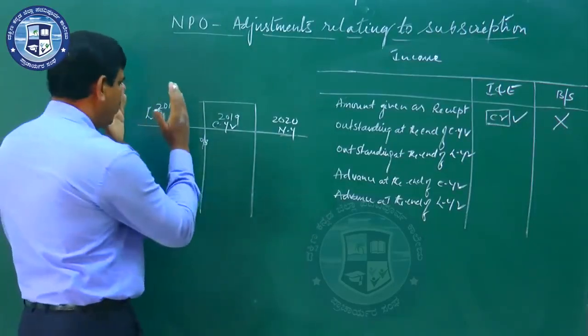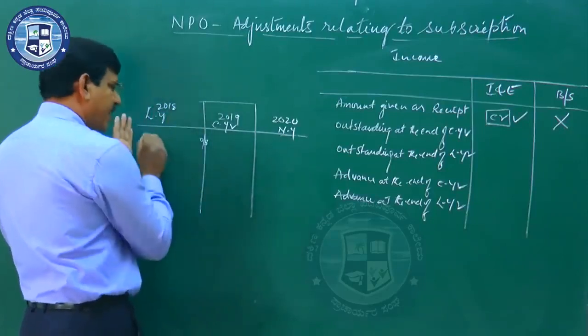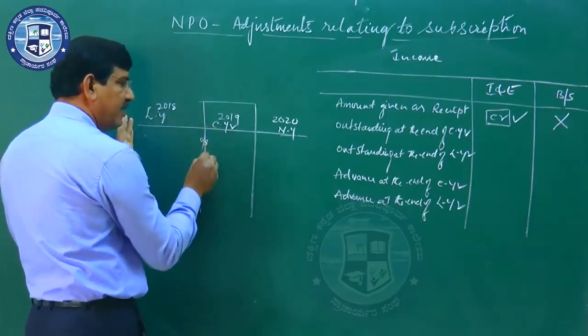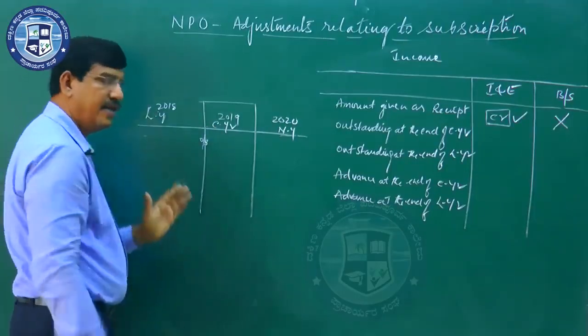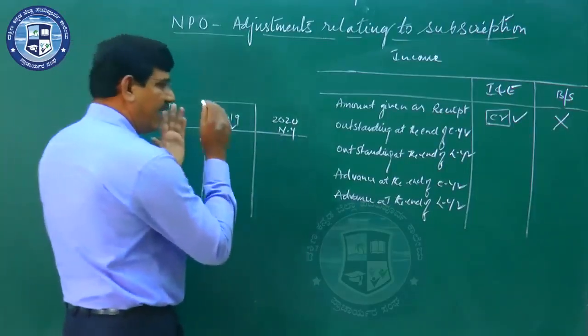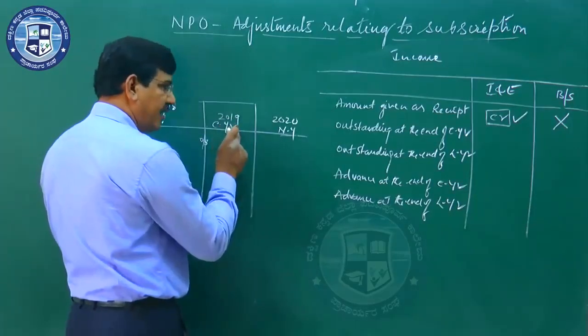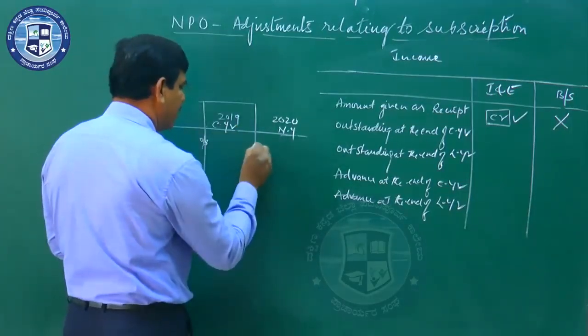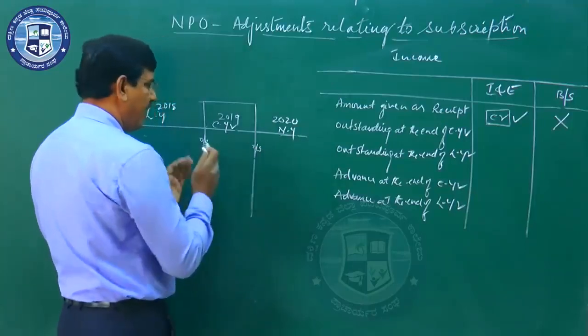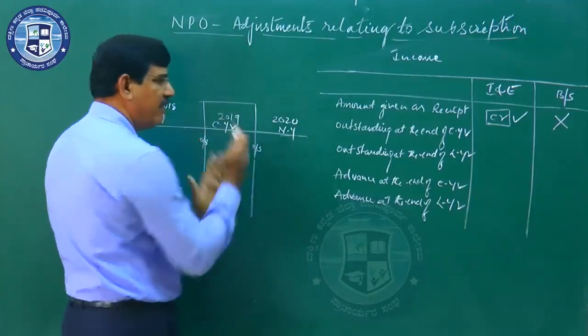See, this is 2018. So at the end of 2018, what is the outstanding that is related to 2018? And any outstanding of current year, we decide the outstanding at the end of the period. So any outstanding at the end of the period, I'll write it at the end of 2019.